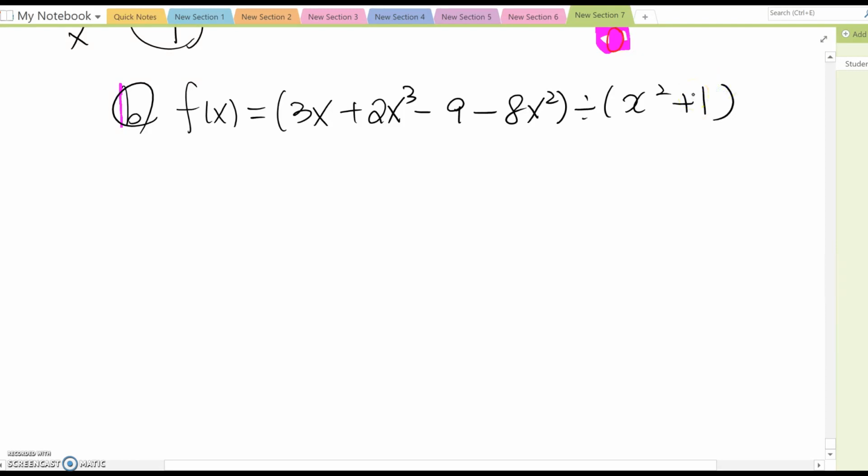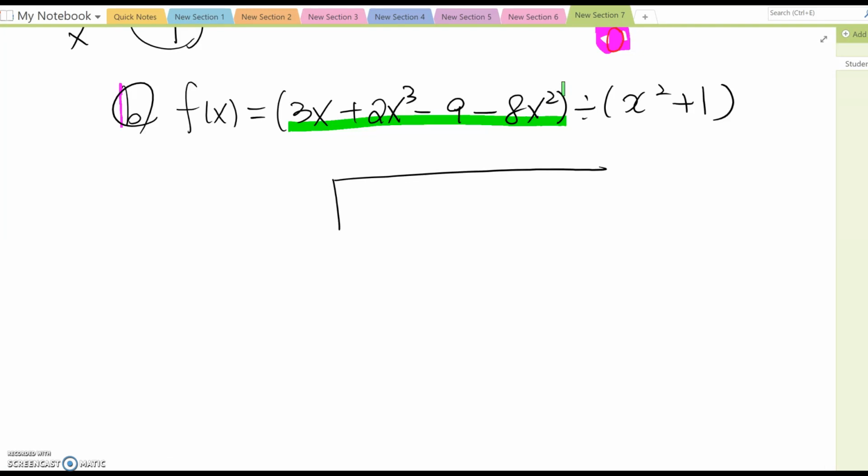Same thing, we set up a division form, but as you know, this is not in order here. So we had better write it in descending order, from higher degree to lower degree. So it would be 2x^3 - 8x^2 + 3x - 9.